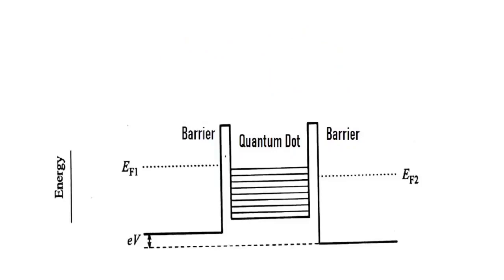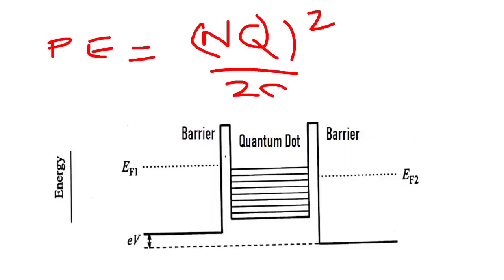And suppose the quantum dot has to be inserted with n number of electrons, the potential energy will then be (nq) the whole square by 2C, where n is the number of electrons to be inserted. For the movement of a single electron, n will be 1, and the potential energy will be q square by 2C.